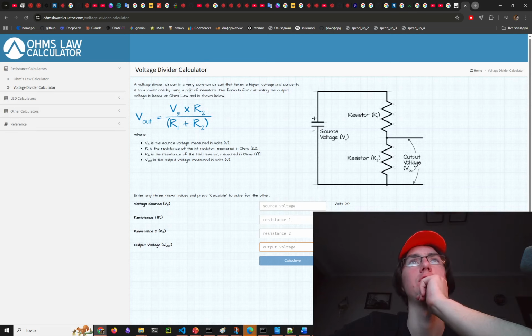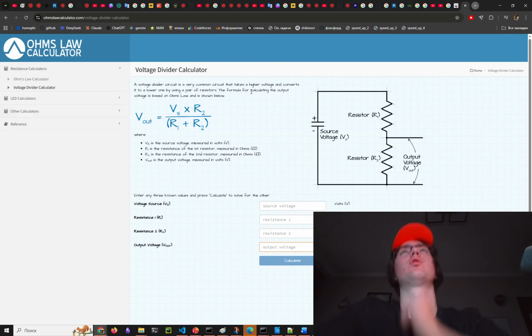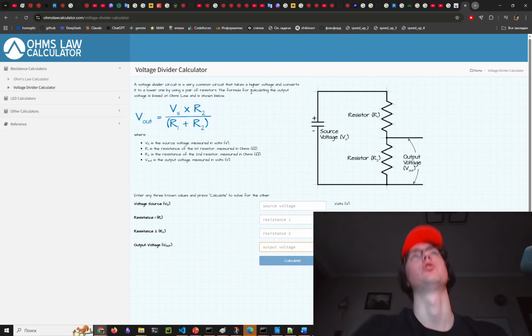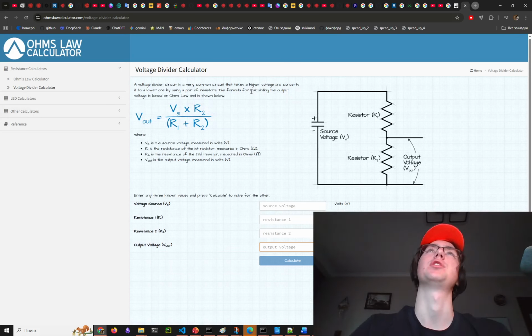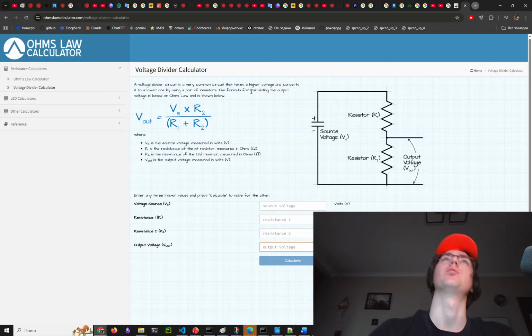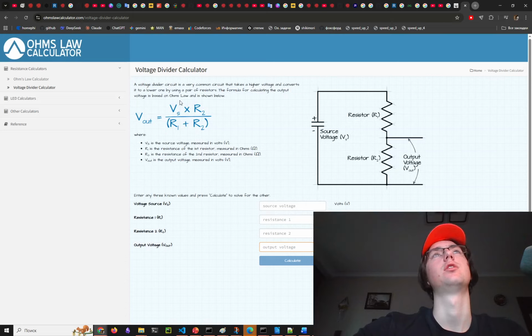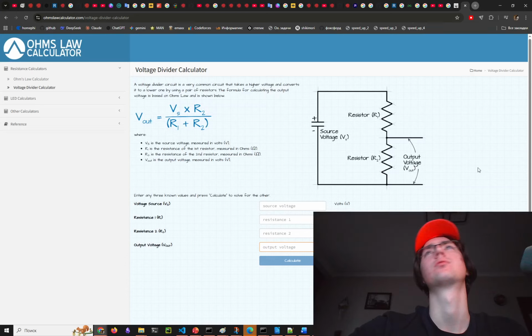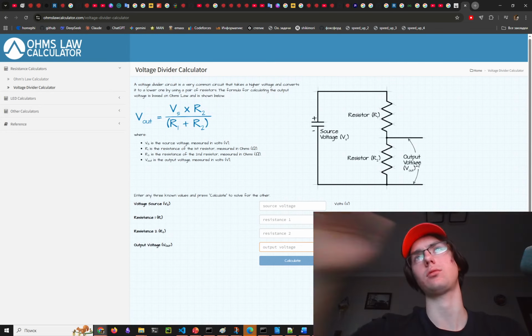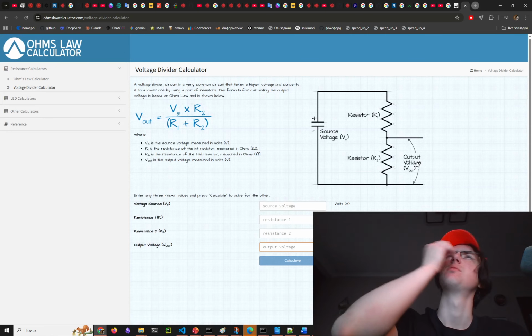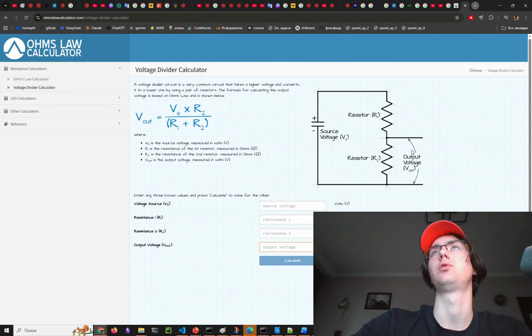Voltage divider circuit is a very common circuit that takes a higher voltage and converts it to a lower one by using a pair of resistors. The output voltage is based on Ohm's law and is shown below. So this is the output. So the output voltage from here is equal to the output voltage from here, or what?